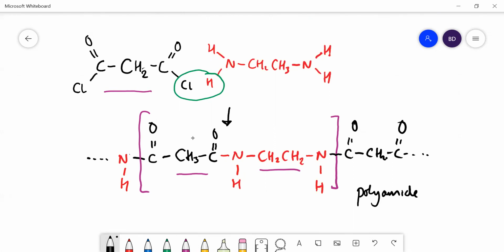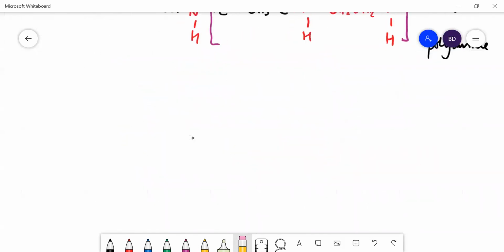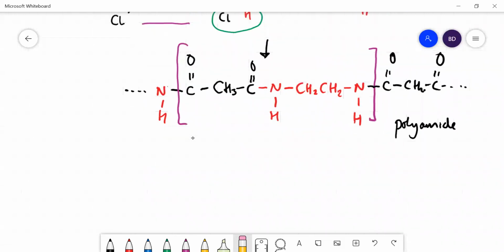Right, before we finish, let's think about the kind of intermolecular forces you could get between different polyamide chains. Well, this hydrogen has a partially positive charge attached to a very negative nitrogen.